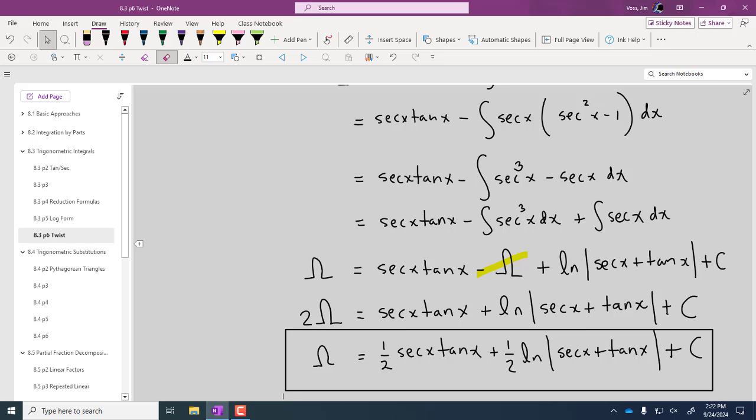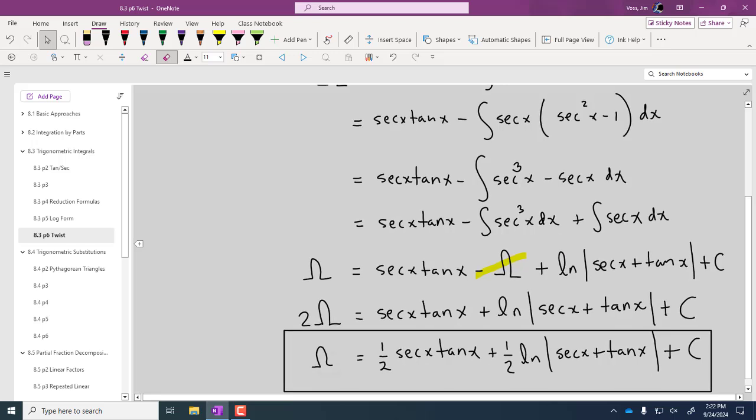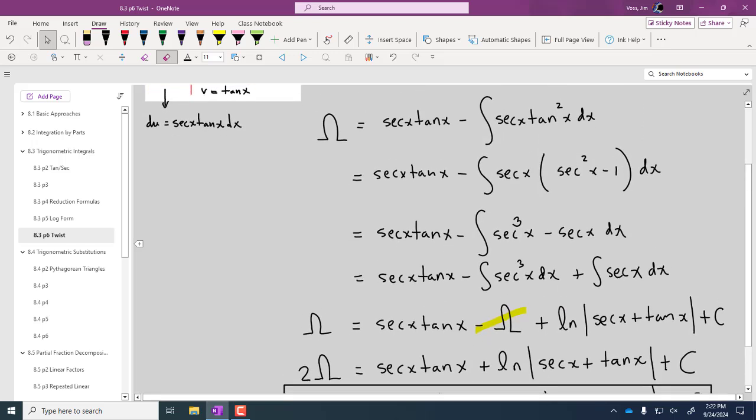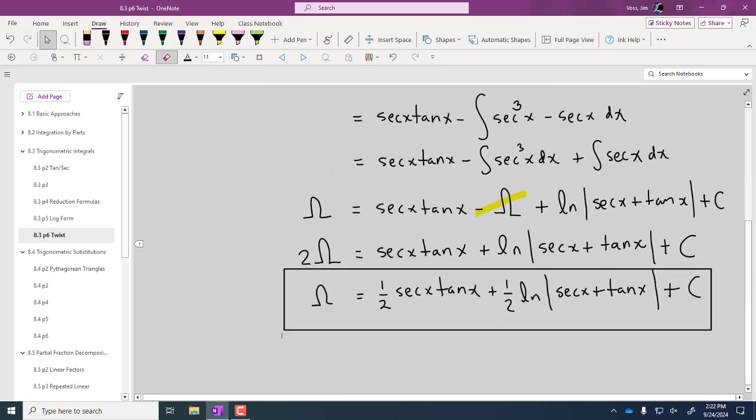Because if you have 2 omega above, you have to have some omega here. And when you do that division, if it's the same thing on the left, you don't have to write it every time. But here it's going to be different once you do that division by 2. Okay, thank you, so I would have it at the end.